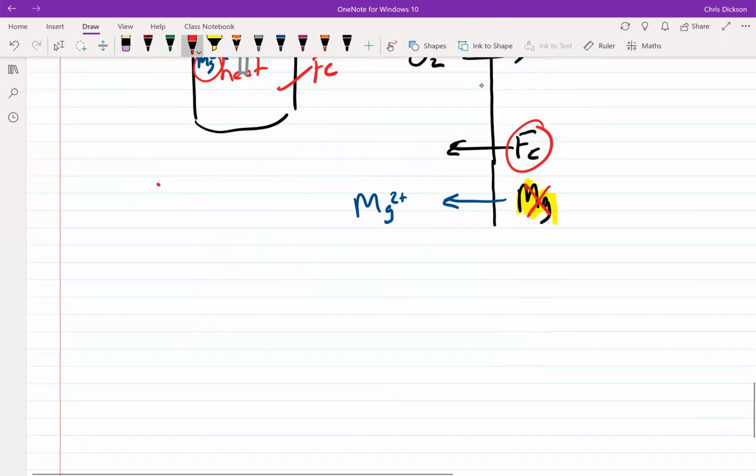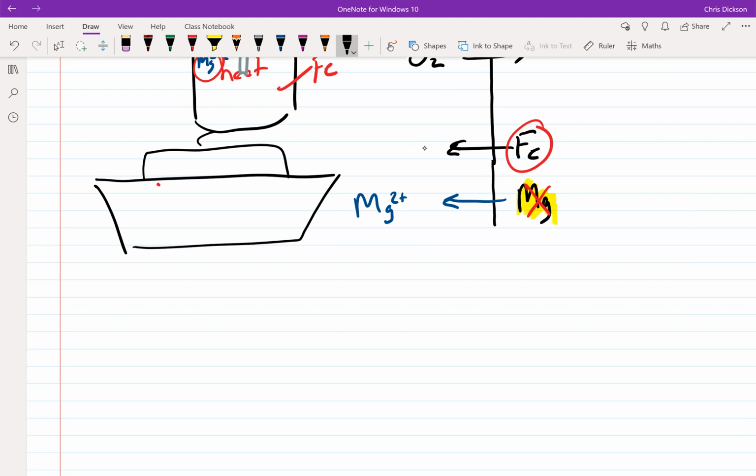Okay, so actually one more thing on that is many boats, big Navy boats and stuff. So if you look on the bottom of these boats, you'll actually see these strips on the bottoms of the boats.